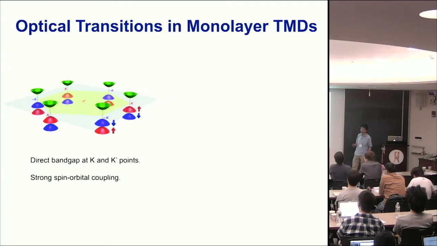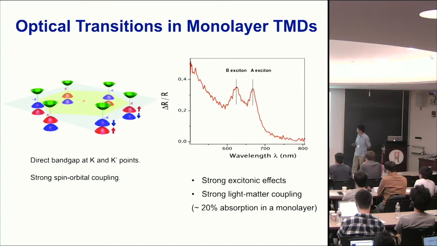And they have very strong spin-orbit interactions. The spin-orbit interaction lifts the degeneracy of holes. As a result, there is so-called spin-valley locking. For example, for the lowest energy hole band, at the K point spin is pointing up, and at the K prime point, or negative K point, spin is pointing down.